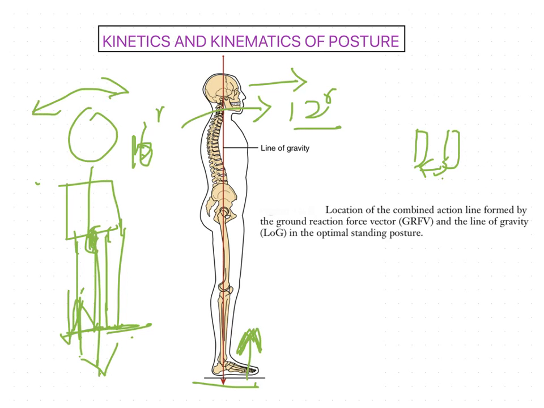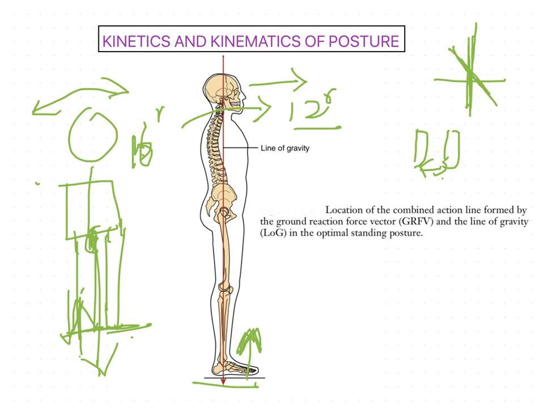The ground reaction force typically has three components: one vertical component, located on the y-axis, and two horizontal components, on the x-axis and the z-axis.